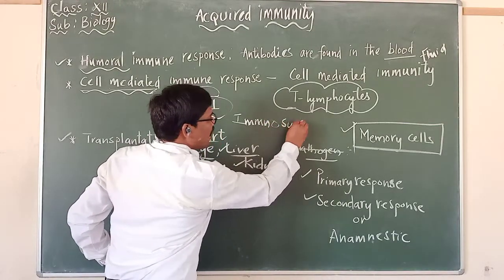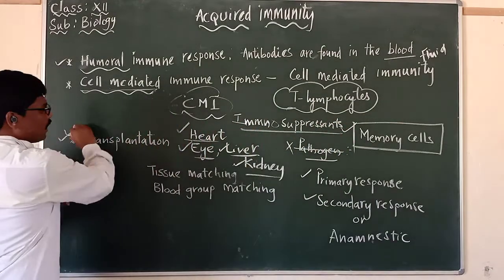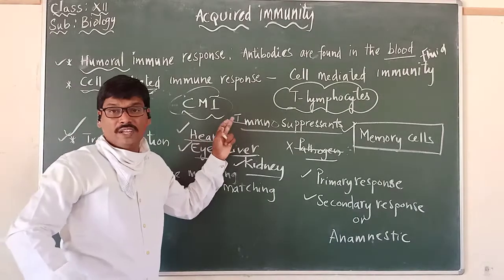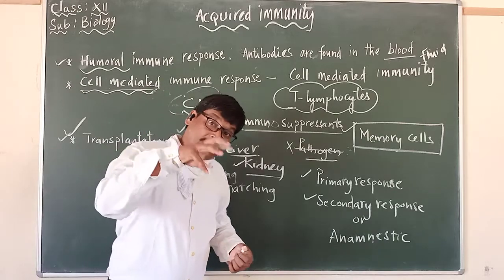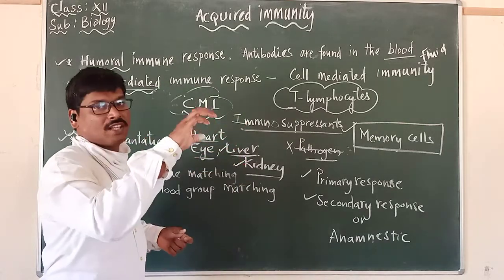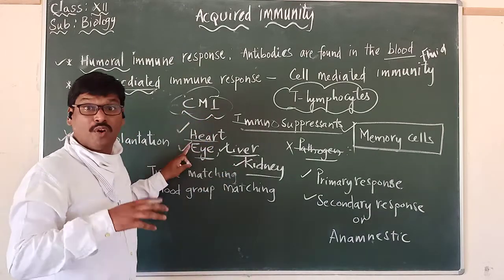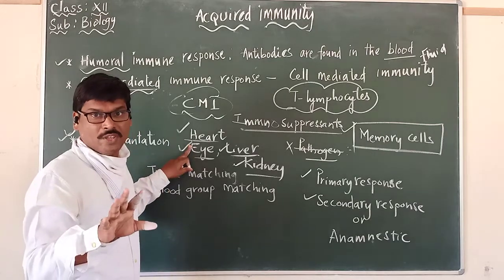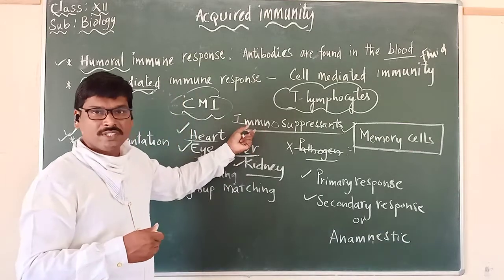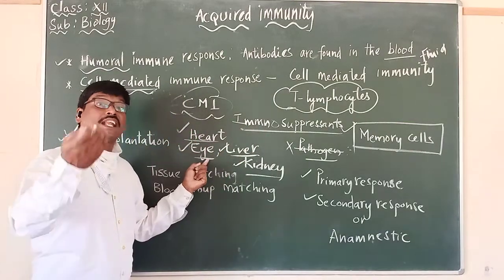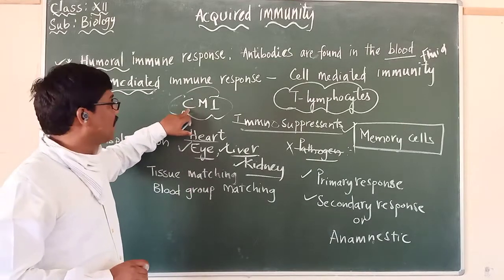These are a type of drugs given to the patient so that their immune power will be suppressed, and the cell-mediated immunity will not recognize the organ as foreign, non-self cells and destroy them. So they have to continuously take immunosuppressants regularly so that the transplanted organs will not be rejected by the cell-mediated immunity.